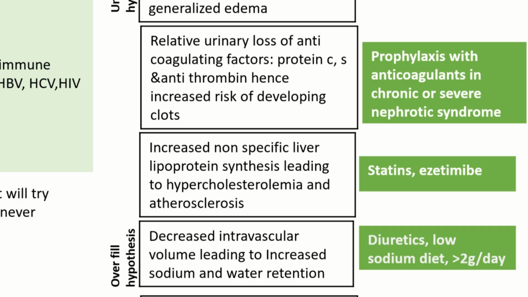Then when we look at non-specific liver lipoprotein synthesis, what happens is that we are losing proteins. So the liver tries to metabolize and produce more proteins to replace the ones that are being lost. And as it is doing that, it does it in a non-specific way. It goes on and produces everything. We end up with increased lipoproteins, and these are going to include your HDL and your LDL.